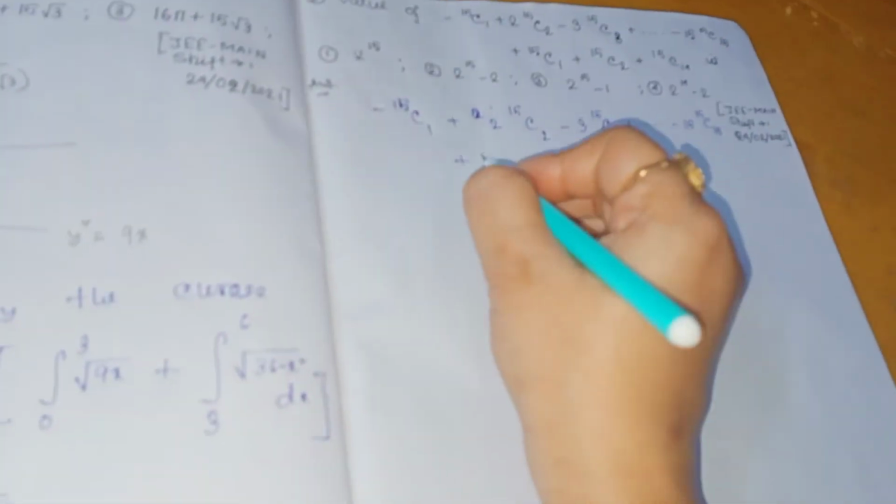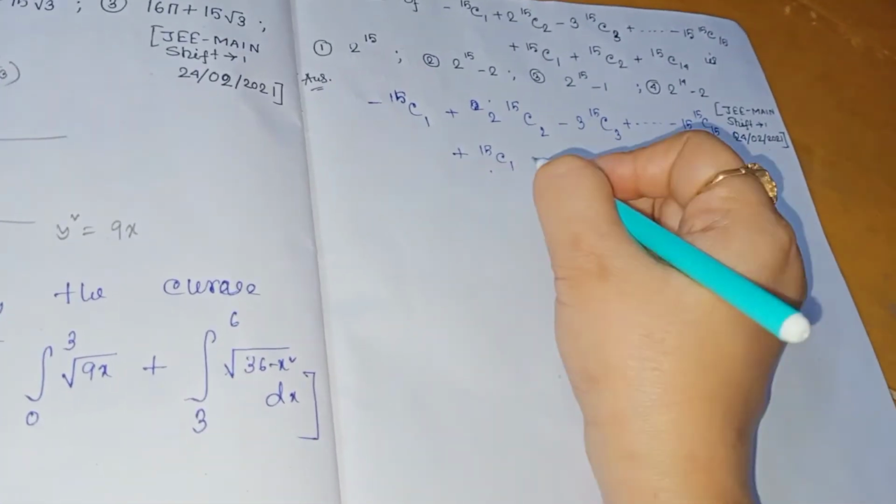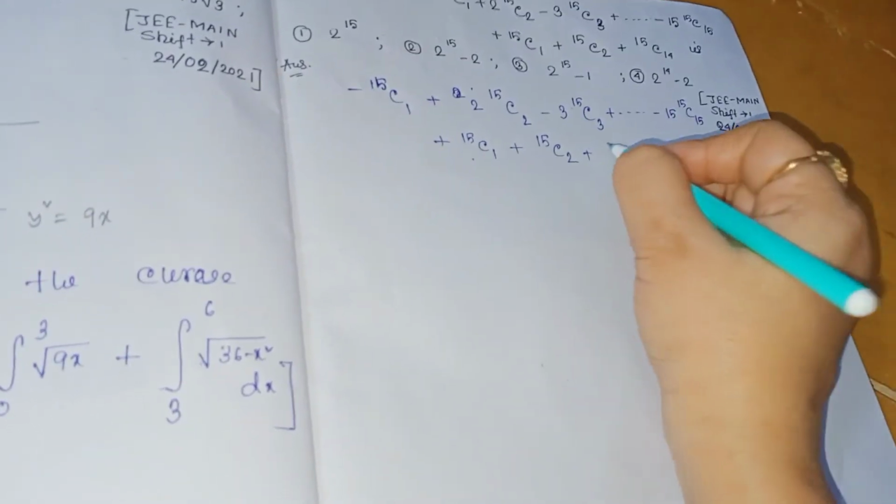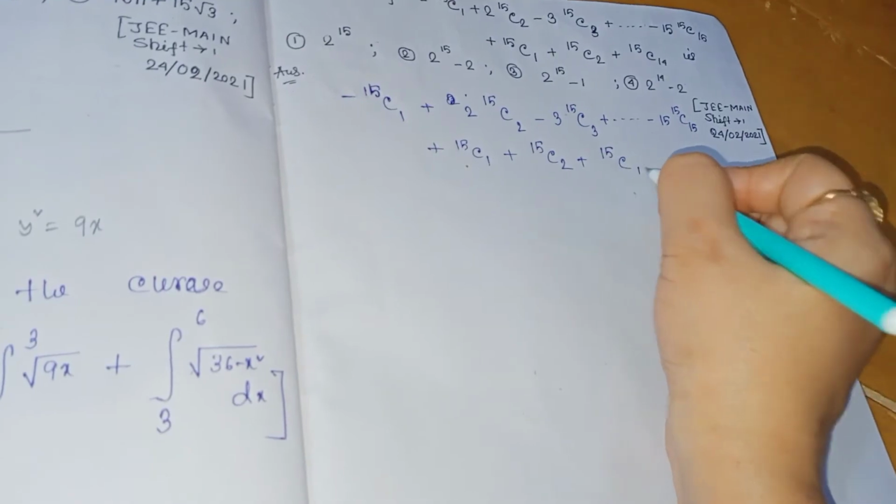Once again, 15 C1 plus 15 C2 plus up to 15 C14.